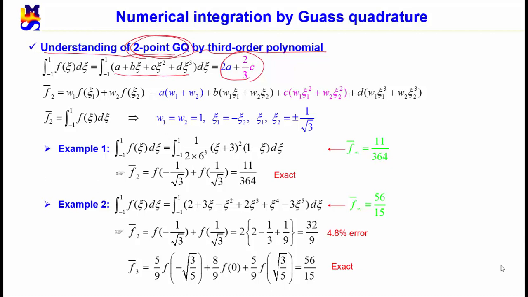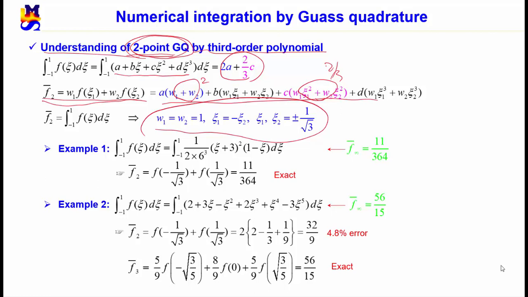We can make a formula to calculate approximately the integral using the two-point Gauss quadrature rule, as can be seen here. Comparing the exact solution with this approximation, we can assume by insight that W1 and W2 should be all unity, and the integration points should be ±1 over square root of 3, in order to make the two-point Gauss quadrature rule give us the exact solution.